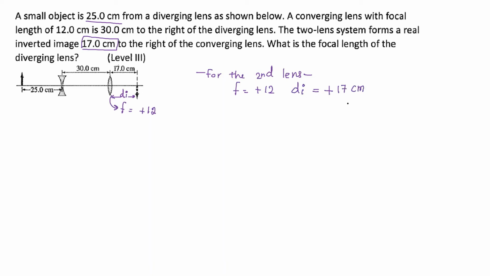So they have given these two. So can we find d naught for the second lens? Yes, right? If we can find d naught for the second lens, we know that is the same as the image from the first lens, right? Okay. So let's first find d naught for the second lens. Second lens means the converging one, this one.